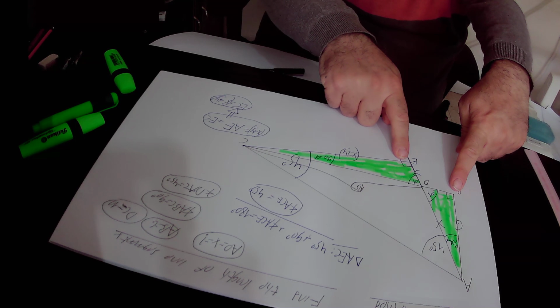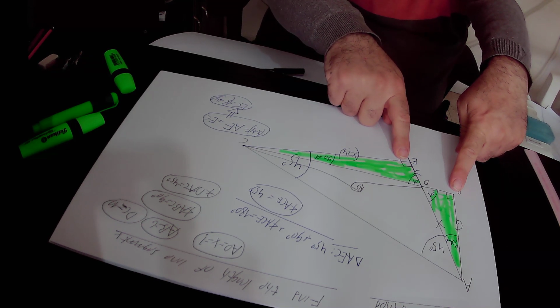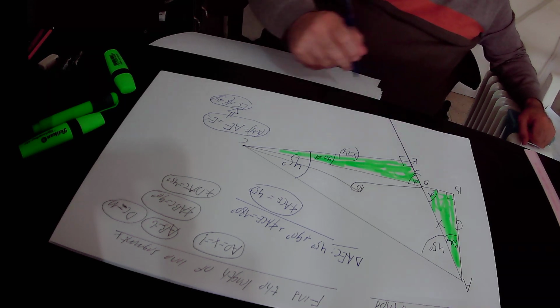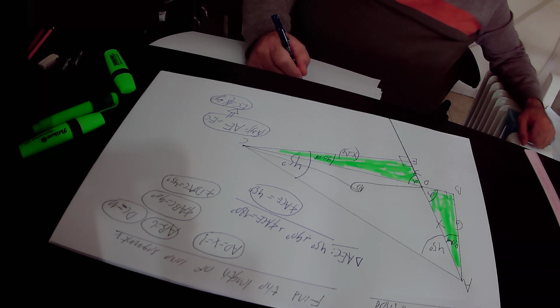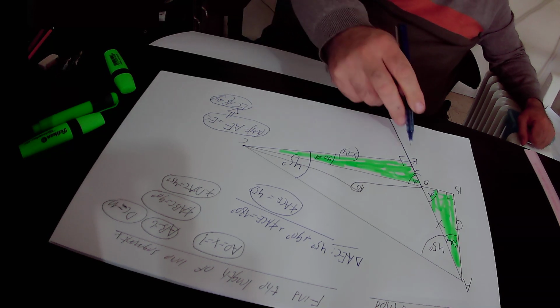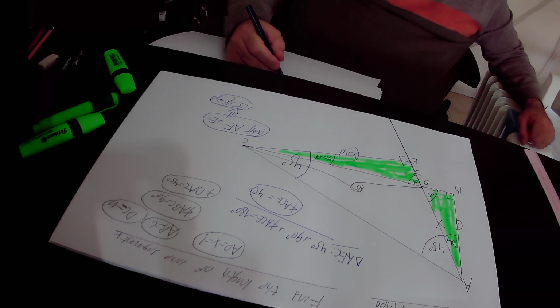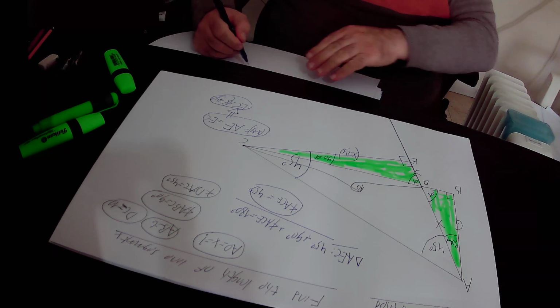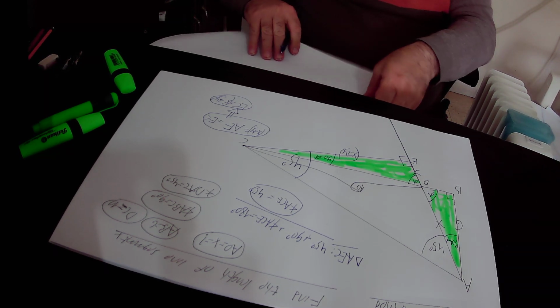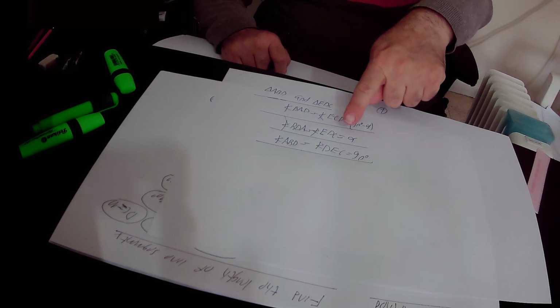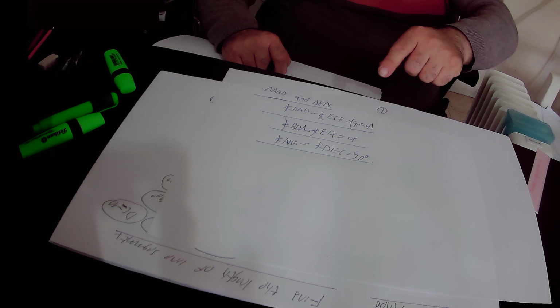And those two angles are also equal to each other, they are both equal to 90 degrees. So angle ABD, this angle, is equal to this angle, which is angle DEC, and they are both equal to 90 degrees.